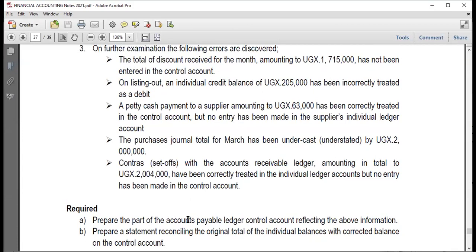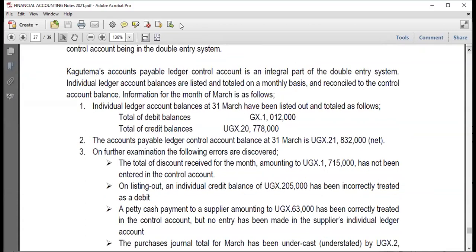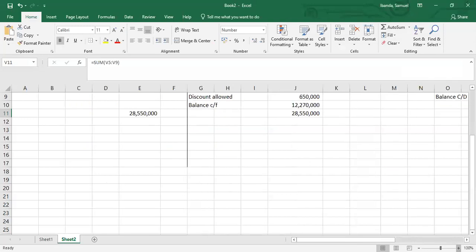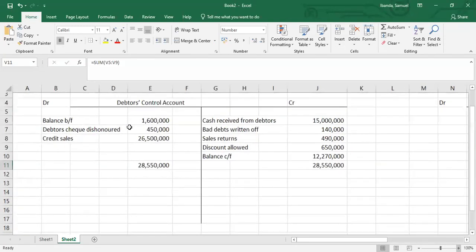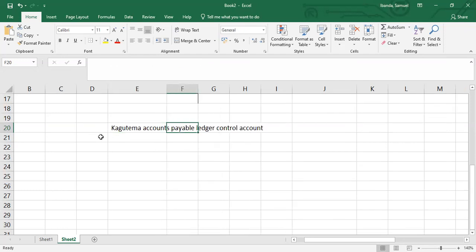So let's first do the first one. They want us to draw up the accounts payable ledger control account. And this is for Kagutema, okay? So this is Kagutema's control account.